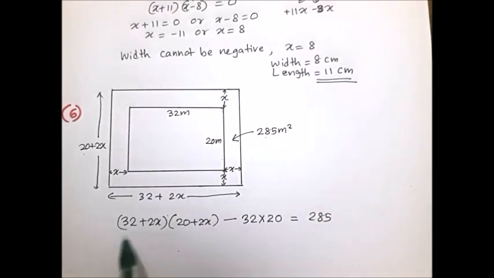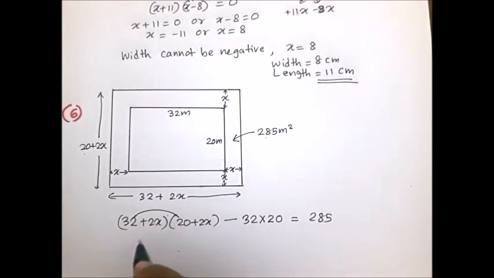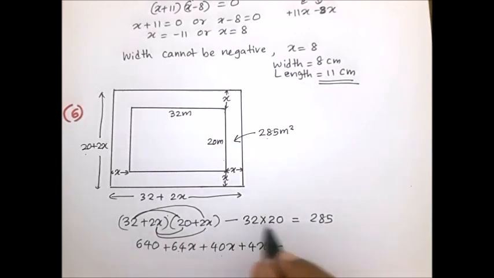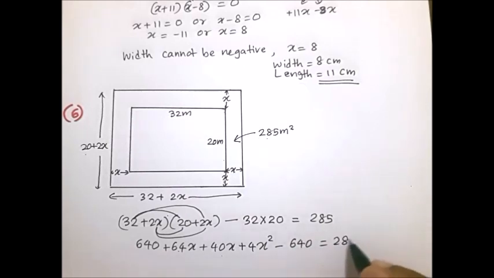Now remove brackets. 32 multiplied by 20, 640. 32 multiplied by 2x, 64x. 2x multiplied by 20, 40x. 2x multiplied by 2x, it is 4x to the power 2. Here 32 multiplied by 20, 640, minus 640 equals 285.